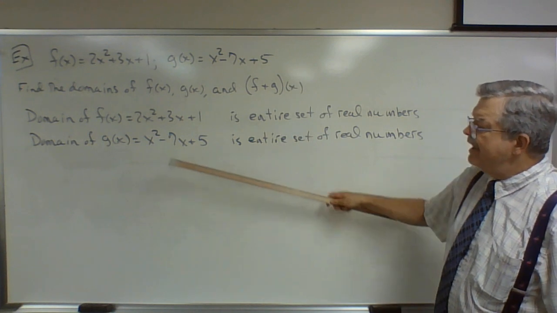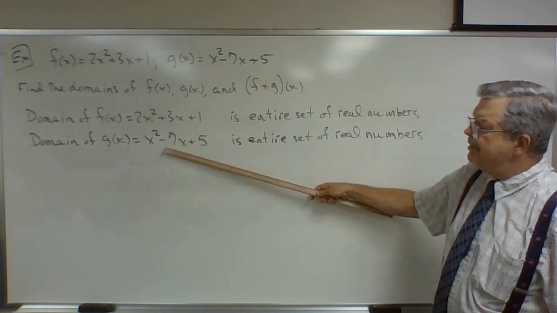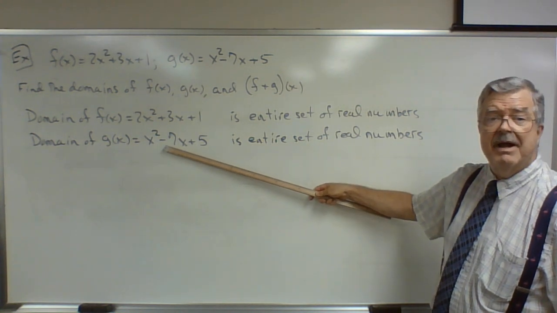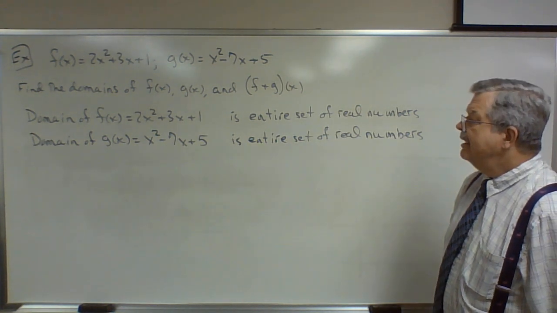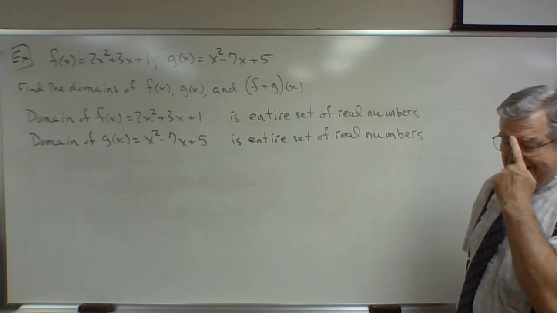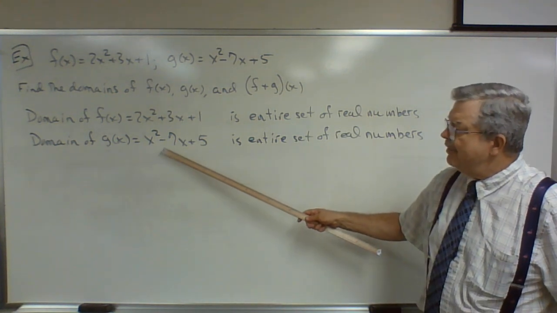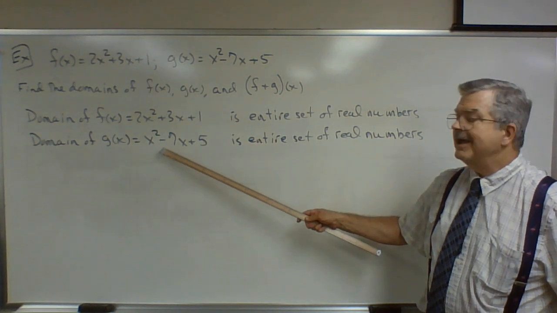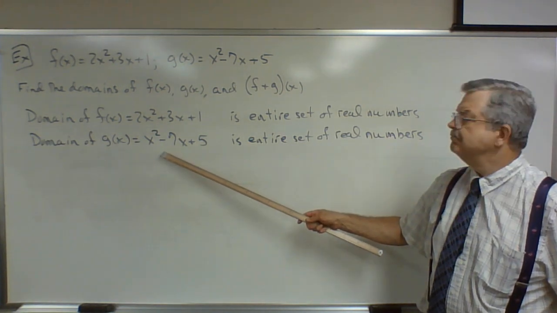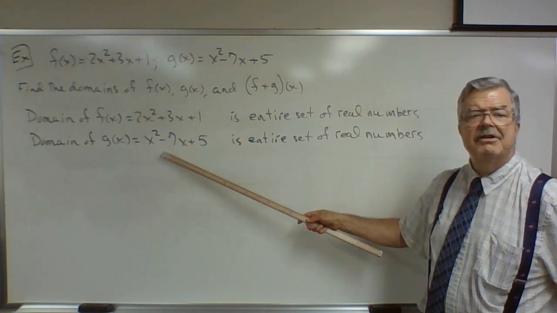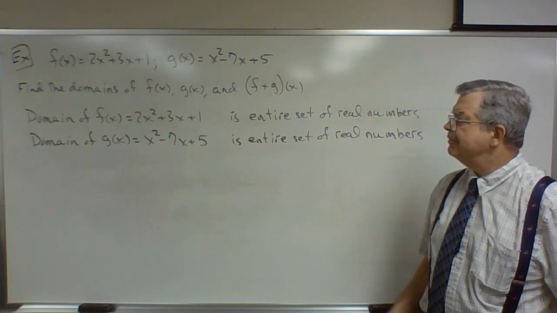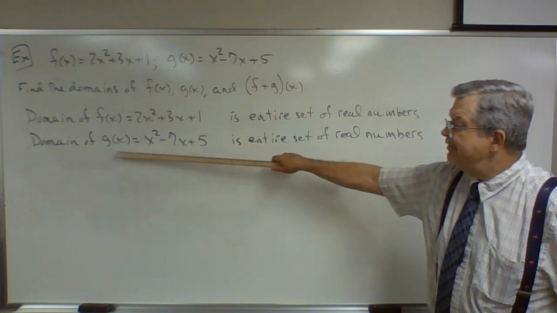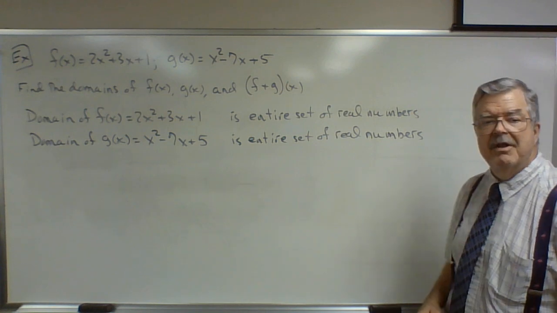Is there any x value that would cause us to divide by 0 here? Nope, because we're not dividing by anything, are we? Okay, second check. Is there any x value that would cause us to have a negative under a radical sign or a negative under an even root sign? No, we don't have any square roots. We don't have any even roots. So our initial assessment stands. The domain of g of x is the entire set of real numbers.